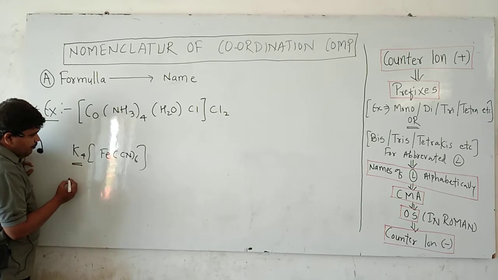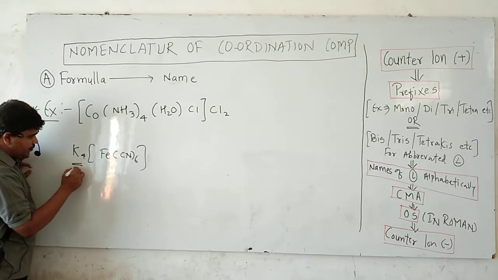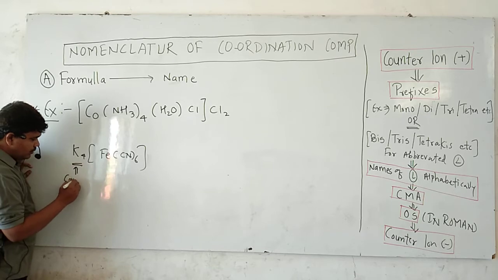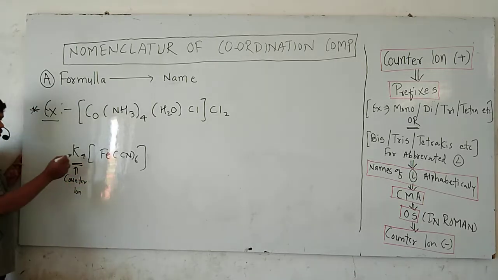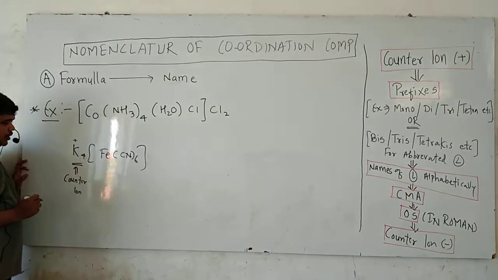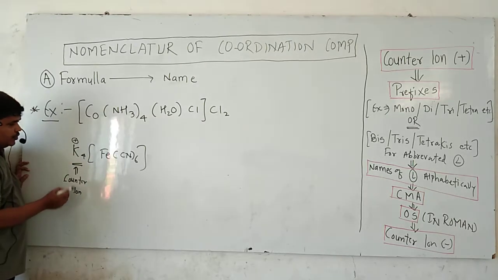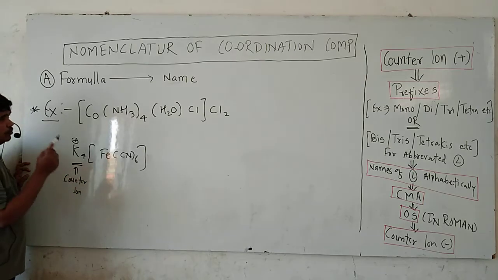This ion lies outside the square bracket, so we are calling it a counter ion. Now this counter ion is K. K carries 1 plus charge. So this is the positive counter ion. So like this, if a positive counter ion is there, that name will be mentioned first.